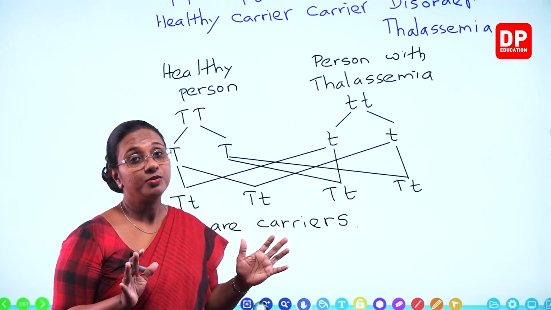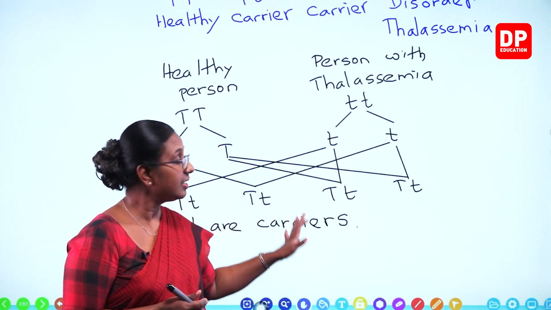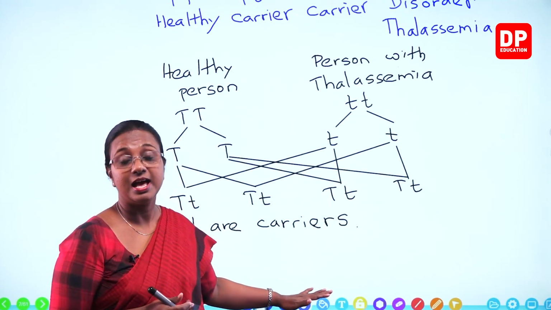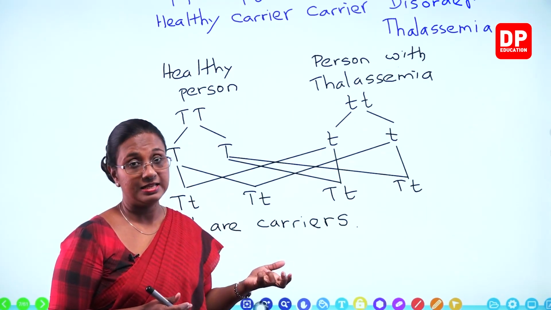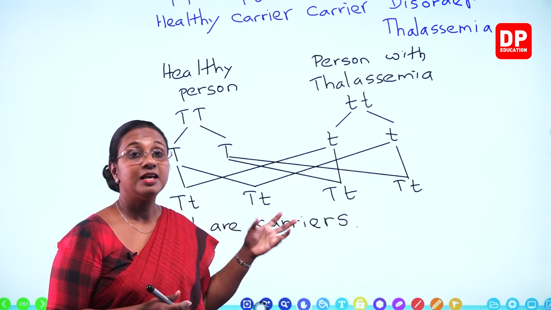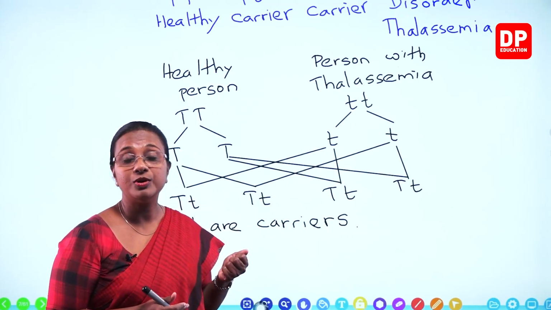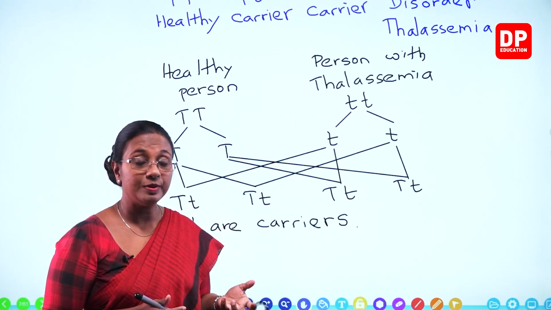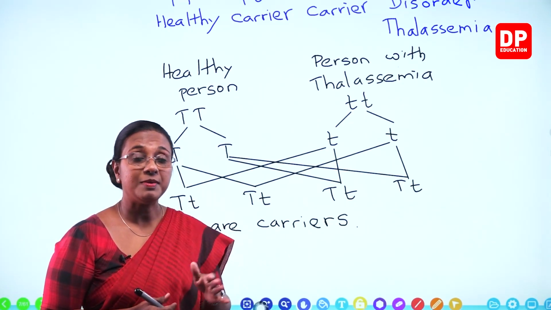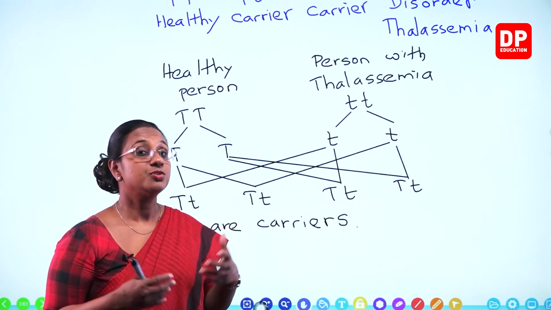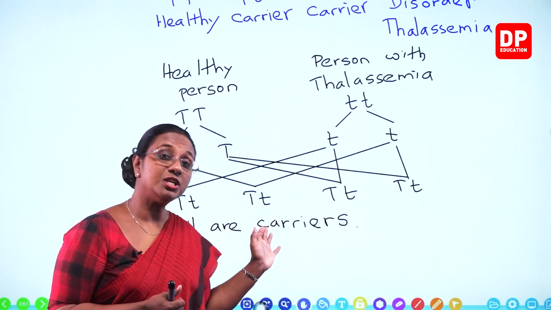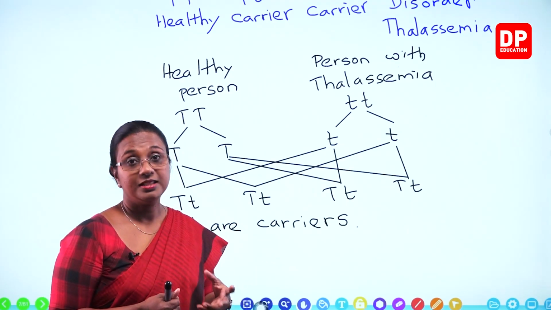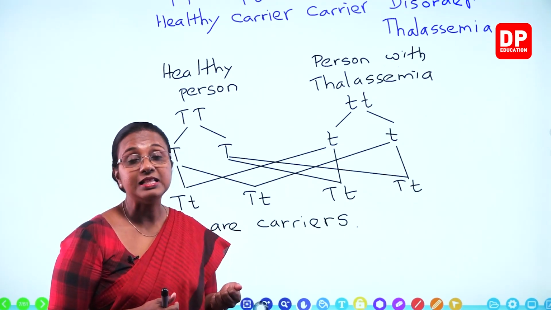But you all have to remember, students, these are theoretically we are looking at what can happen. But if the person has thalassemia in reality, as we discussed, it is a condition where you don't have enough hemoglobin production. So because of that, main problem is anemia. So you can imagine a female having this anemic condition due to thalassemia, they will not be healthy enough.